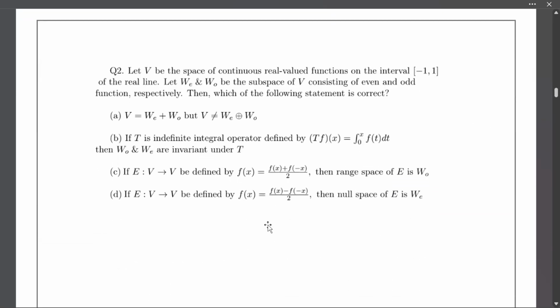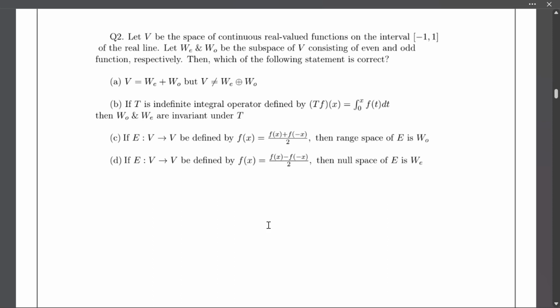Let me see the next question. Let V be the space of continuous real valued functions on the closed interval -1 to 1, and WE be the subspace of even functions, and WO be the subspace of odd functions. Let me explain these. WO is the set of f from -1 to 1, such that f of minus x is equal to minus of f of x.